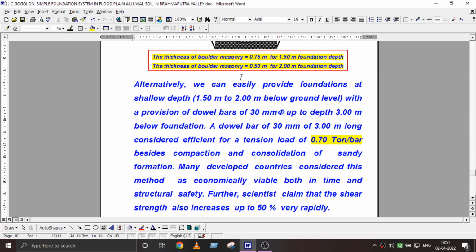It will be penetrating like a screw, not hammering down. Due to hammer or some pressure, static or dynamic, whatever it may be, it will be behaving like a screw penetrating inside the soil. So it will automatically increase the shear strength up to 50%.